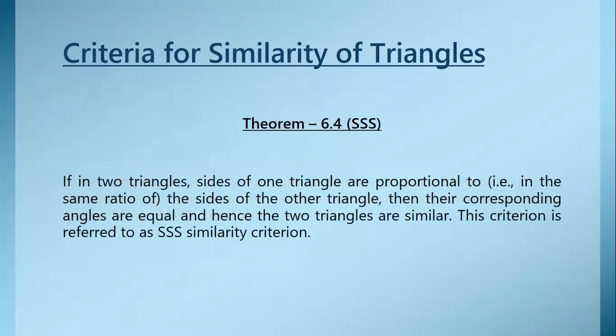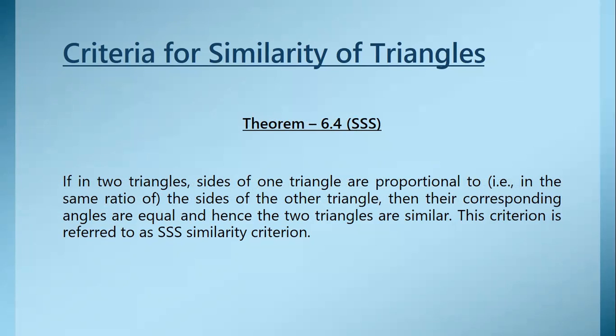Now, moving on to theorem 6.4, SSS, which you had already for congruency also. So if in two triangles, sides of one triangle are proportional to the sides of other triangle, then their corresponding angles are equal and hence the two triangles are similar. Only difference between congruency and similarity is the sides are going to be proportional in similarity and they are going to be equal in congruency.